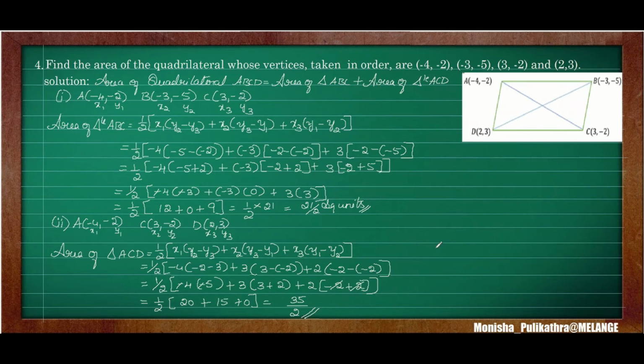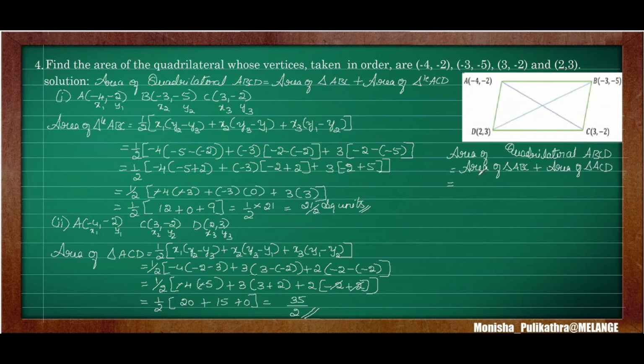So now what we have to do, we need to find out area of quadrilateral ABCD, which is equal to area of triangle ABC plus area of triangle ACD. Okay.